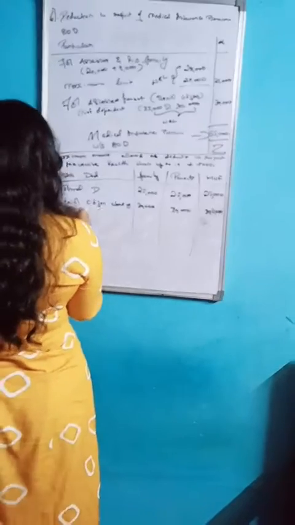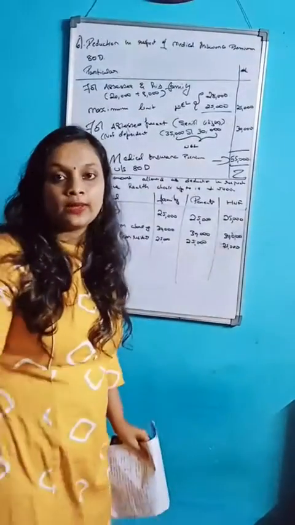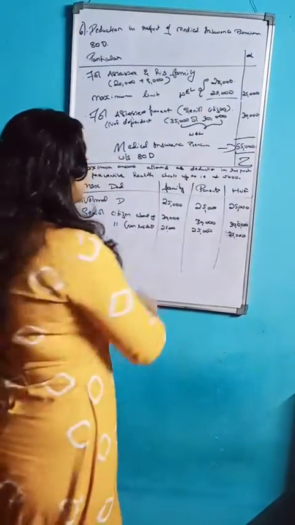And the senior citizen non-resident, 25,000. So this part is very important. Just for reference, I made this chart.